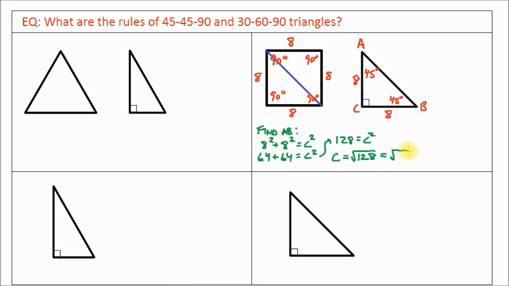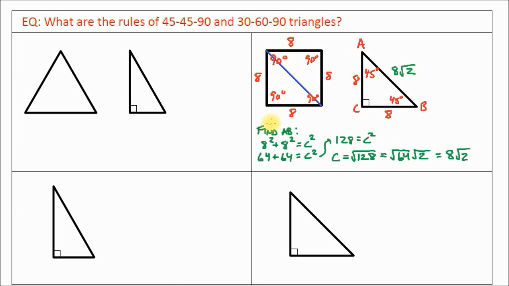So we can write this as the square root of 64 times the square root of 2. Remember, these two numbers are still in the radical, we just separated them. And we know the square root of 64 is just 8. So the length of the hypotenuse, AB, is 8 times the square root of 2. Let's write that right here: 8 times the square root of 2.